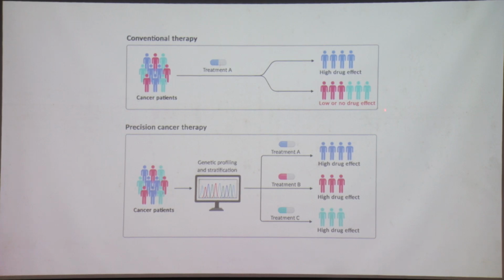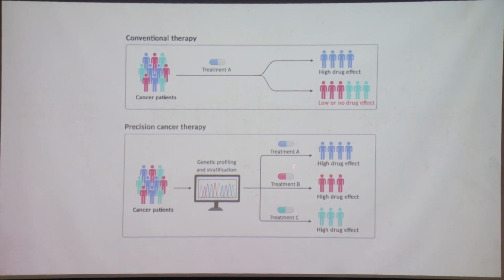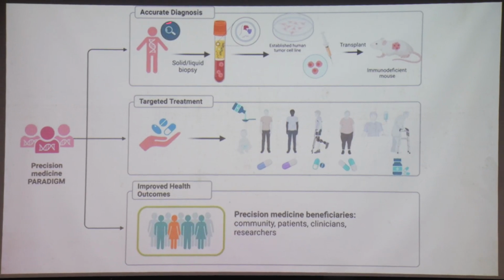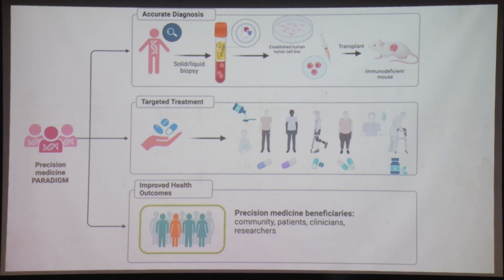Some of them respond, others don't. But in precision medicine, you actually do genetic profiling, proteomics, metabolomics, all of these things, and you really understand what's wrong with this particular person versus this one, and then accordingly you develop treatments. So for precision medicine, you have to have accurate diagnosis, right?